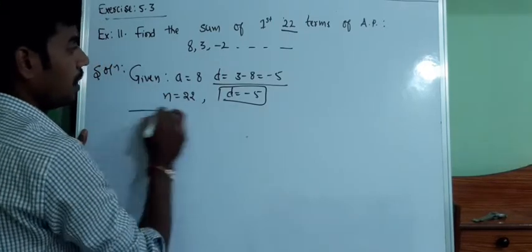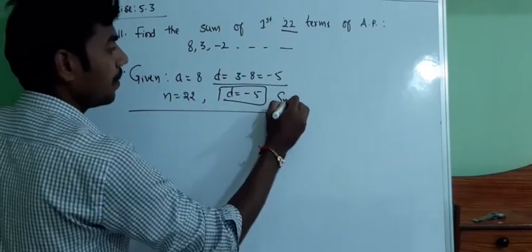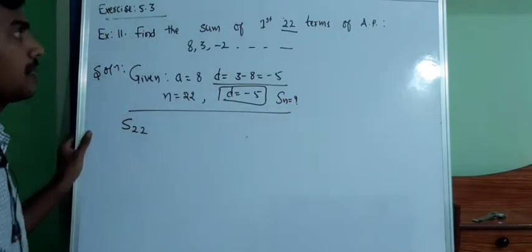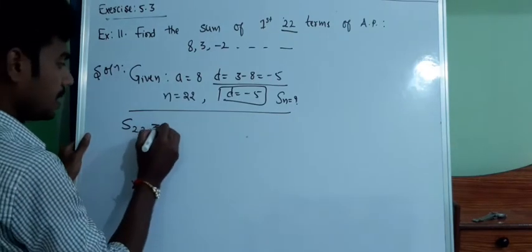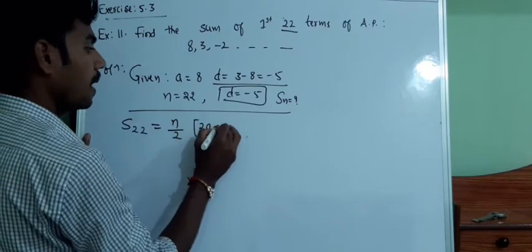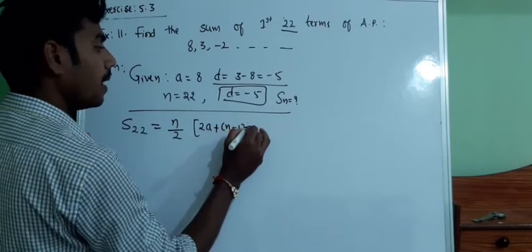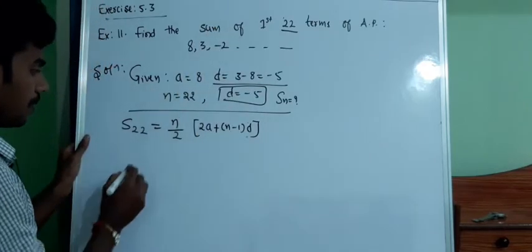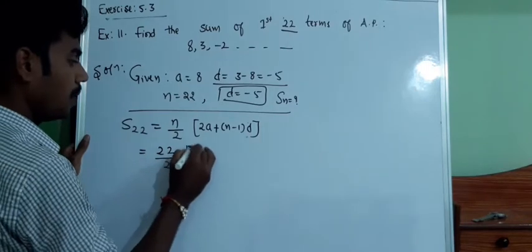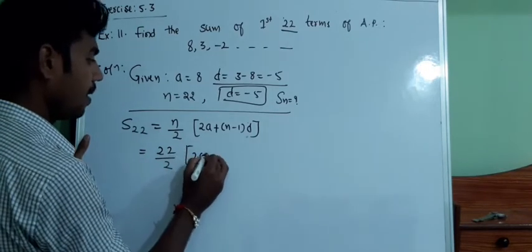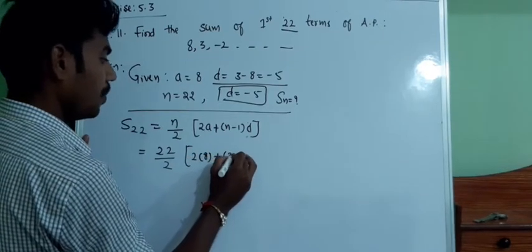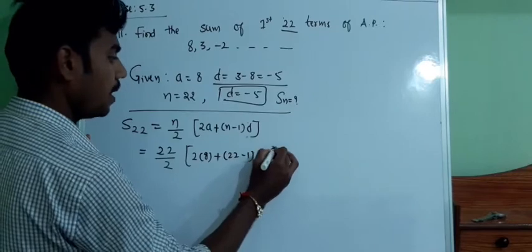Now we need to find Sn. So S22 is equal to, because we need to find the sum of 22 terms, N by 2 into 2A plus N minus 1 into D. Which is equal to 22 divided by 2, into 2 times A, where A is 8, plus N minus 1, that is 22 minus 1, into minus 5.